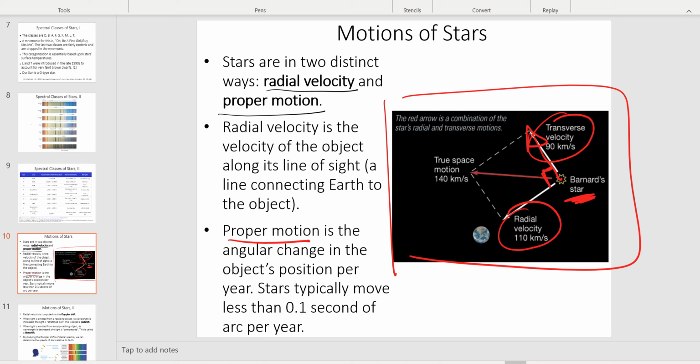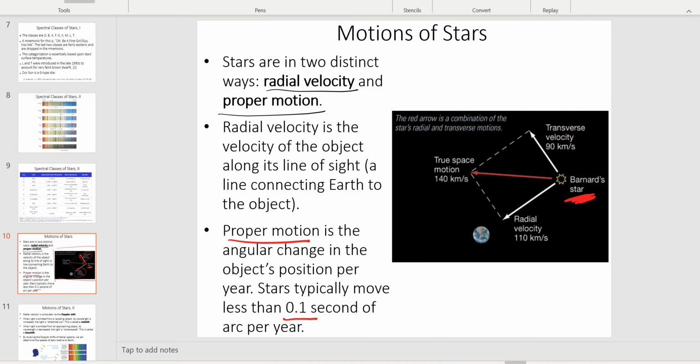But the proper motions of stars are very, very small. It's typically less than 0.1 second of arc per year, which is not noticeable unless you have a very good telescope. So this is not really noticeable to your eyes, but nonetheless, stars actually do physically move with respect to Earth.